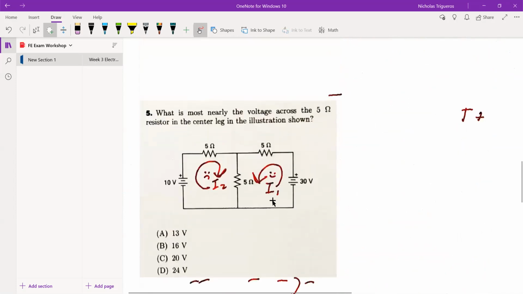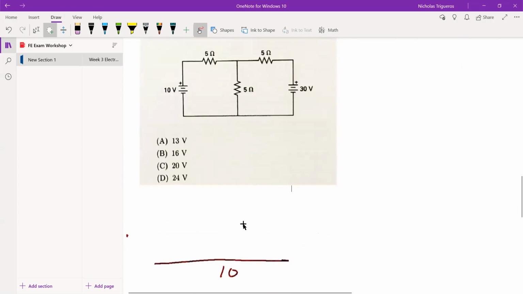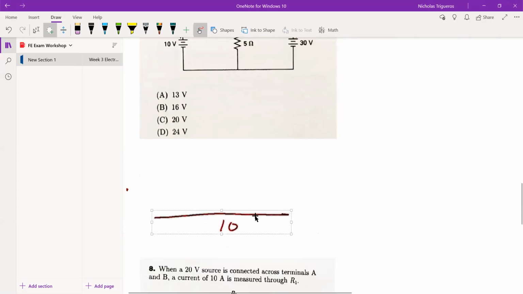So we have a circuit here, and we're being asked to find the voltage across the middle 5-ohm resistor. I don't understand how much of a journey it is to get that.